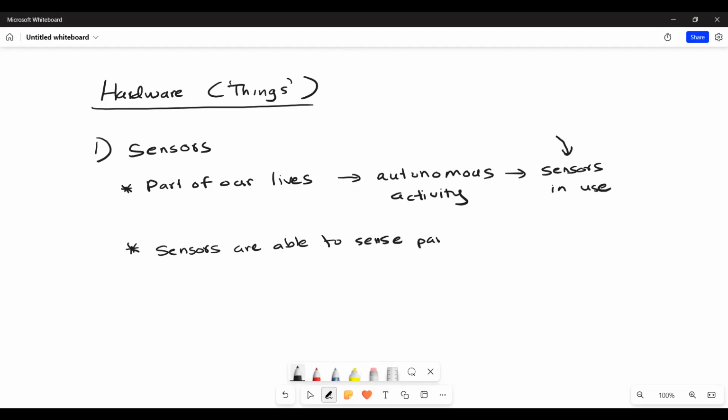Sensors are able to sense parameters such as the smell.